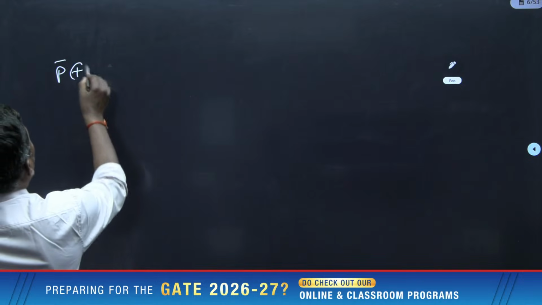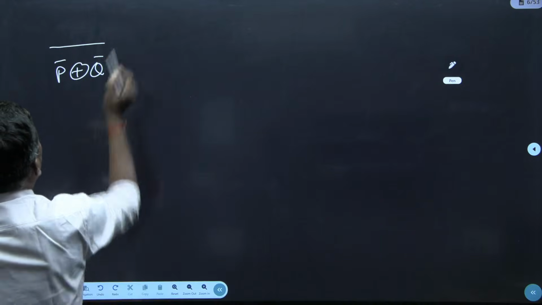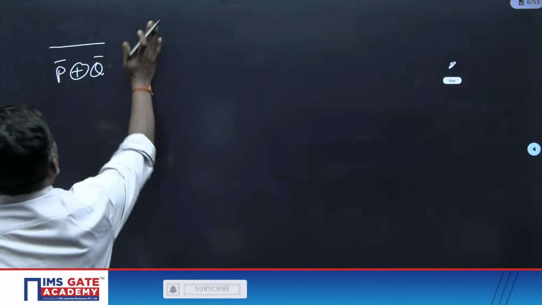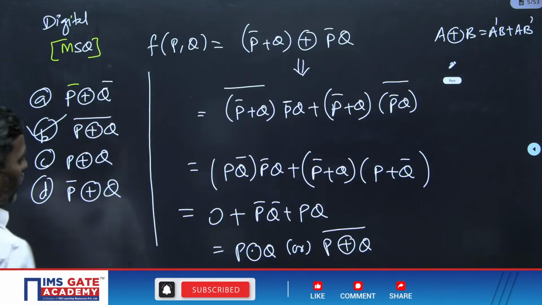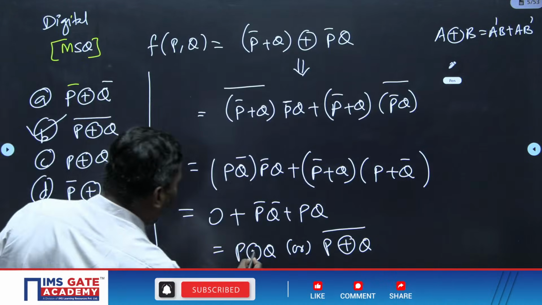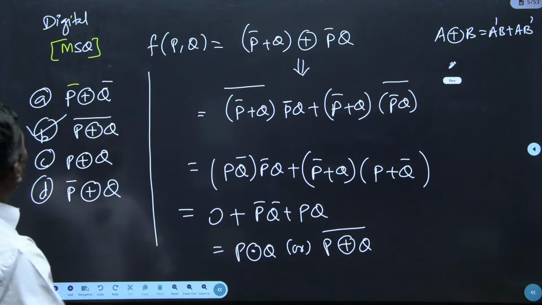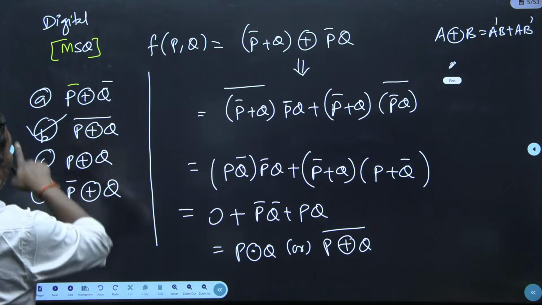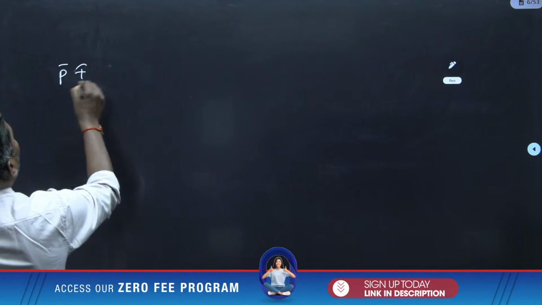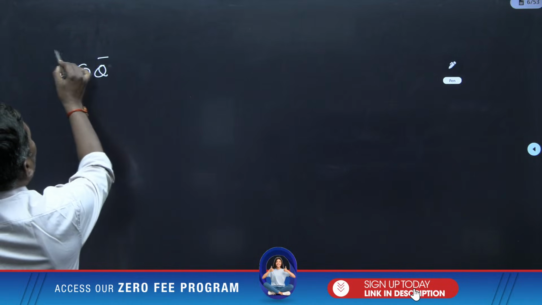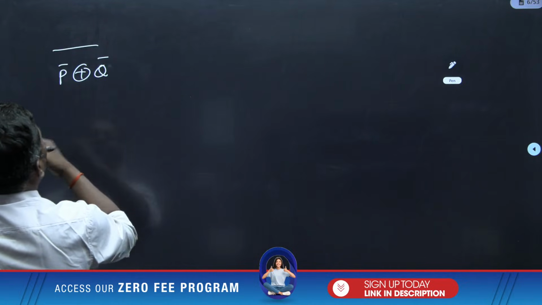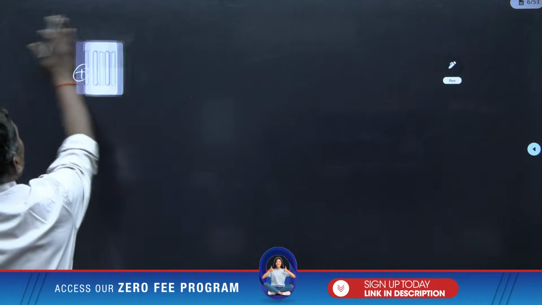P' XOR Q' is there. If you do this one, what we got is P XOR Q, or this format I can write it now. So when I supply it here, what happens? P' XOR Q'. If I do the complementation, or else you just simplify this one.